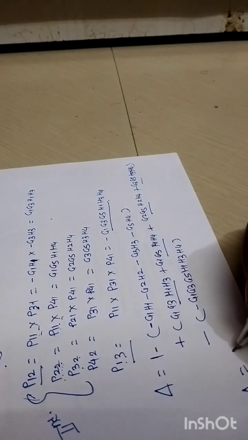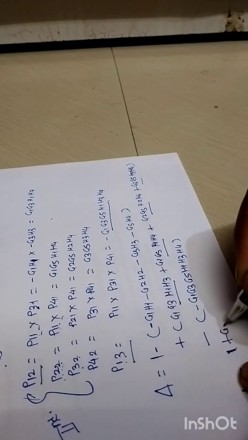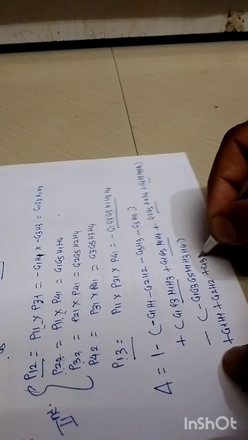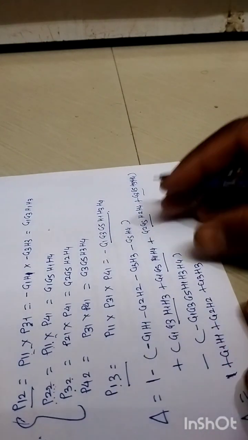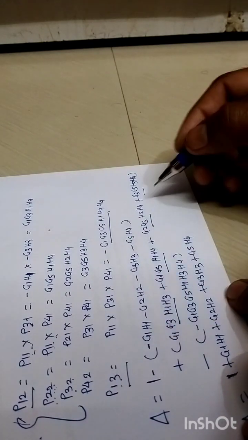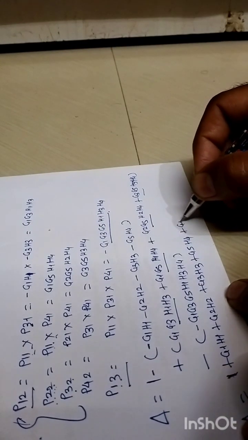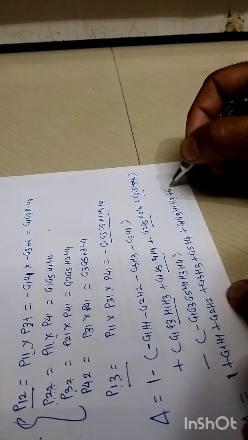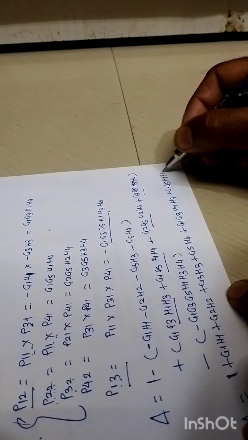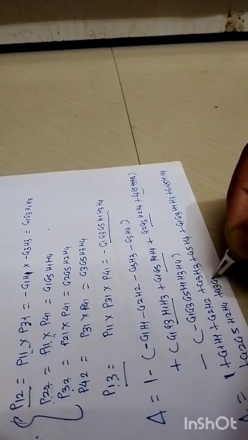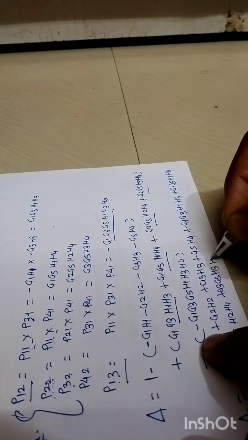So here delta will become what? This minus minus will become plus, so it will become 1 plus G1 H1 plus G2 H2 plus G3 H3 plus G5 H4 plus, as it is, this term is written G1 G3 H1 H3 plus G1 G5 H1 H4 plus G2 G5 H2 H4 plus G3 G5 H3 H4.